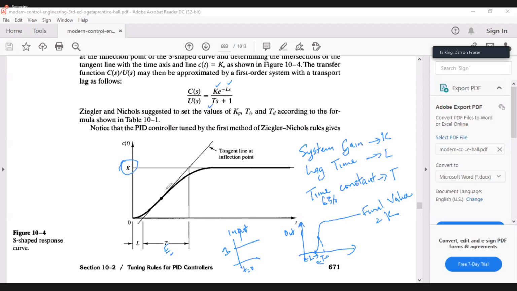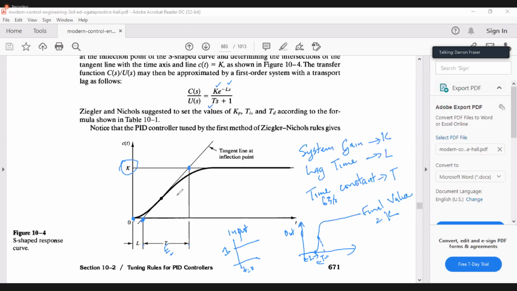If you draw the tangent to the line of steepest slope, then between 0 and where it cuts the axis, that is your lag time, and between where it cuts the initial value and the final value, that time is your time constant. So this is your output response, and you can find out all of these.